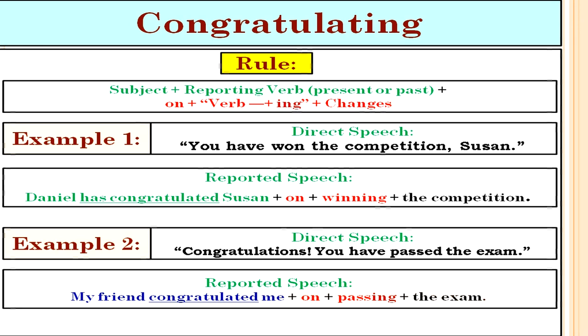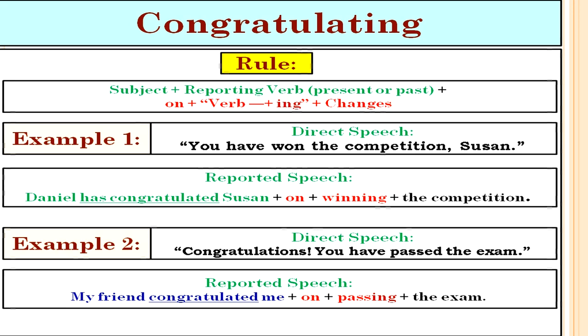In the sentence in direct speech, the first part, congratulations, we don't need to use it. Again, we have my friend congratulated, so it is going to be a repetition if we use congratulations once again. So we finish the part of the rule: on plus the verb plus ing.